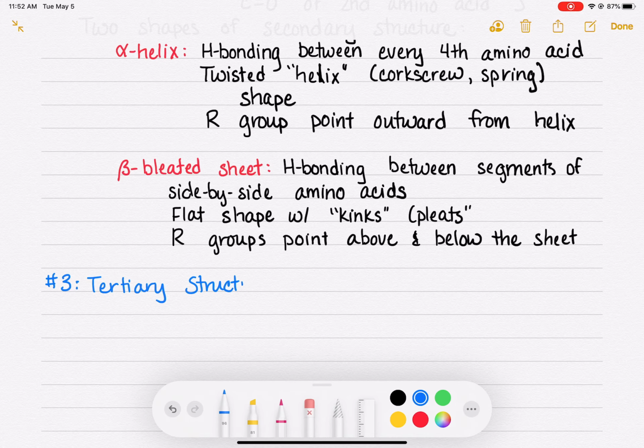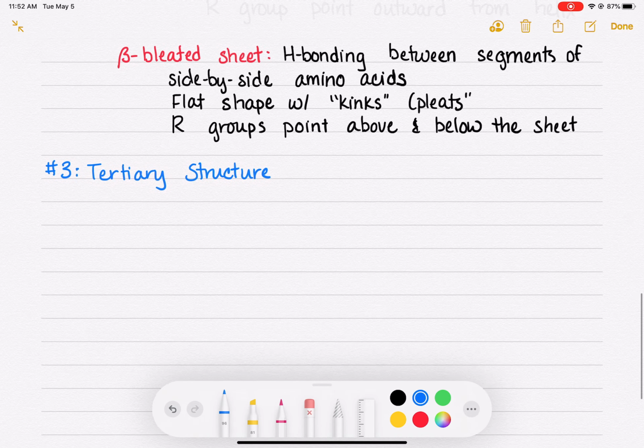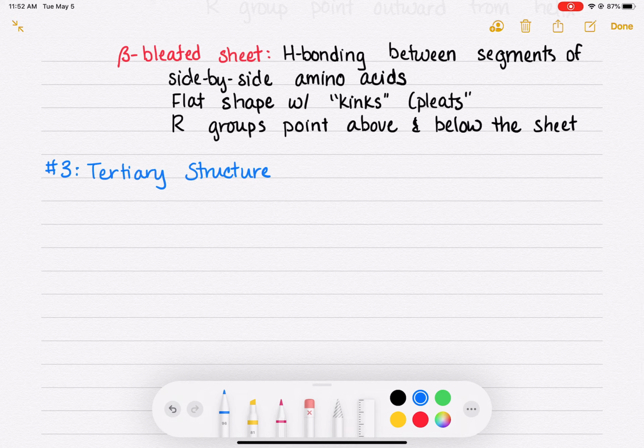The tertiary structure is what just squishes the whole thing together. It's also a 3-dimensional shape, just like the alpha helix and the beta pleated sheet. It is compact, and it is complex, and it is stable in terms of energy.